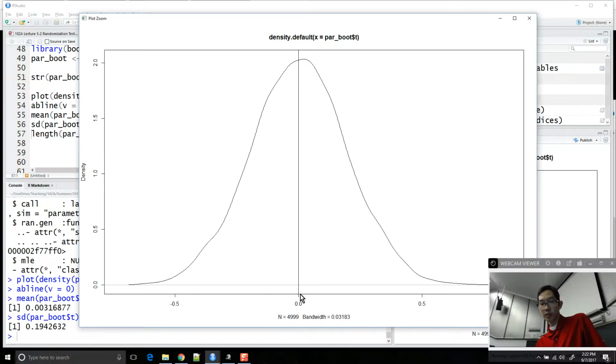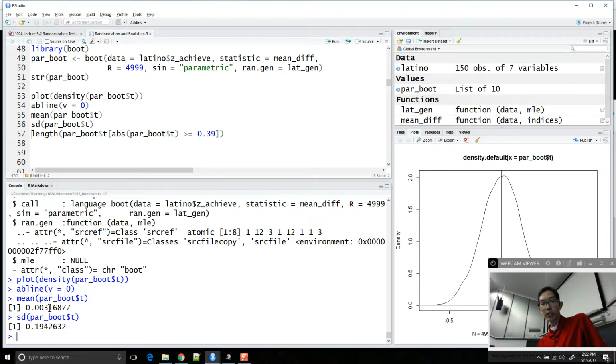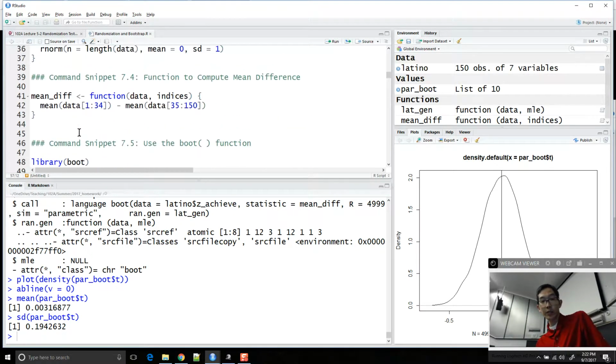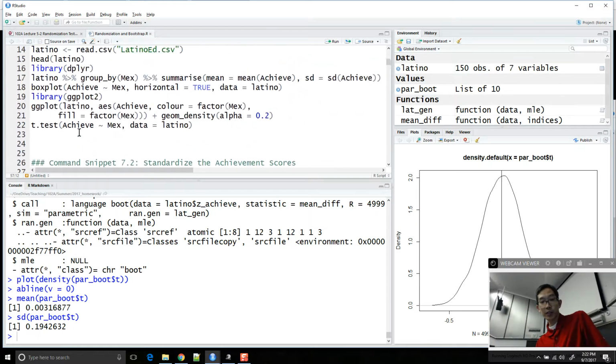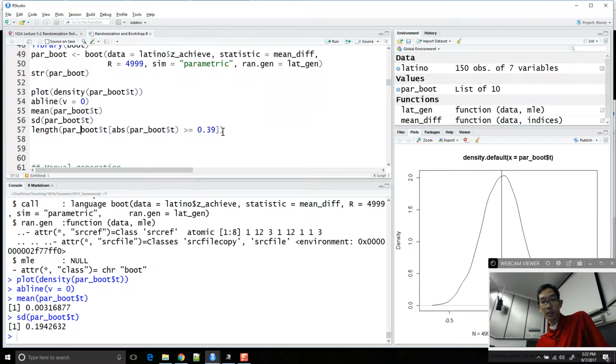Okay, so we expect something around 0 if the null hypothesis were true. The difference that we observed in our data set was a difference of 0.39.